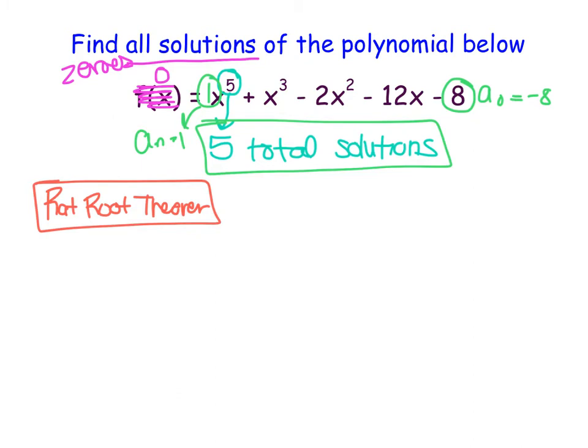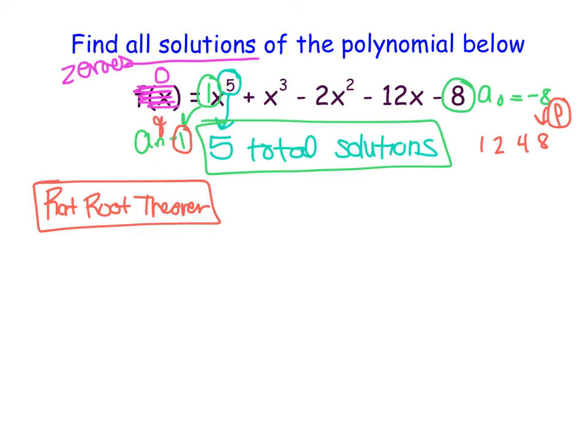So remember, when we do this, we find all of the possible factors of a sub n, which in this case is just 1, and then all of the possible factors of 8 here, which are going to be 1, 2, 4, and 8. And then I take all of these p-values, which are the factors of a sub 0, and I divide them by my q-values, which are the factors of a sub n.